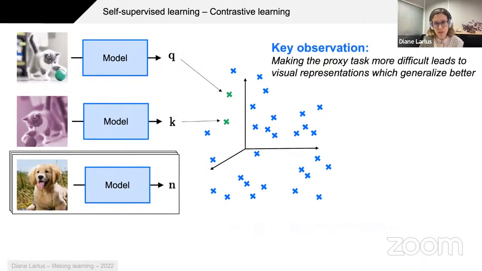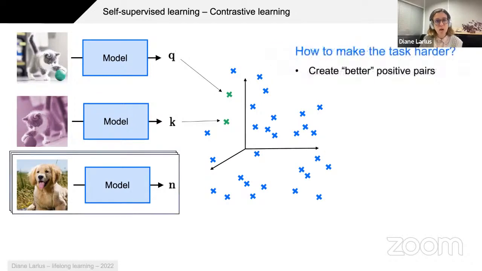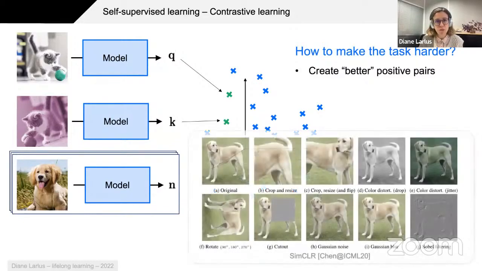A key observation that can be made for these approaches is that making the proxy task more difficult leads to visual representations which generalize better. So how can we make the task harder? One thing you can do is to create better positive pairs. These more challenging positive pairs, you can obtain them by crafting the set of augmentations.